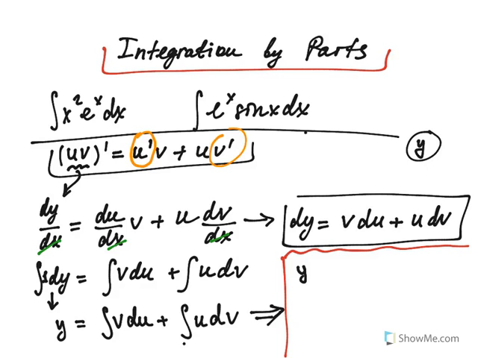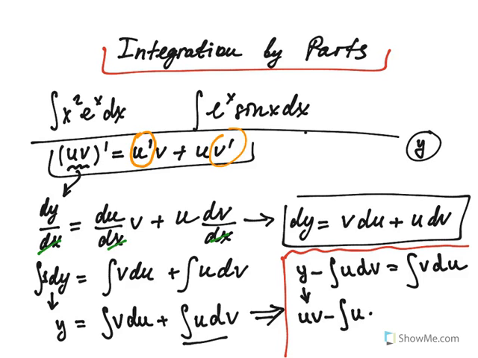I'm going to move this guy to the left, and I get integral of u dv equals whatever we have left on the right side. So I'm going to rewrite it again. What was our y? The y was the product of u and v, right? So u times v minus integral of v du.